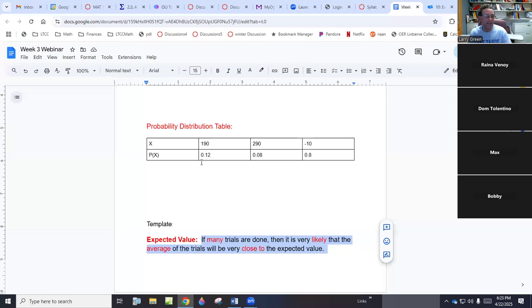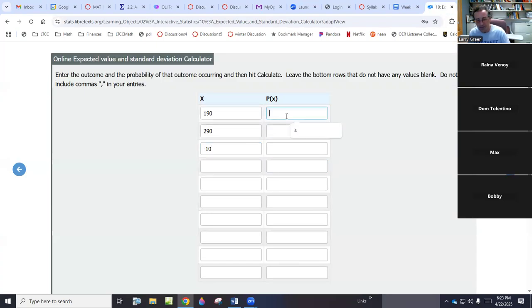And the p of x's are 0.12, 0.08, and 0.8. So 0.12, 0.08, and 0.8.